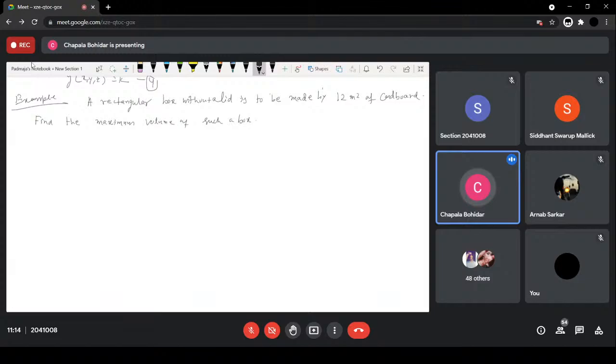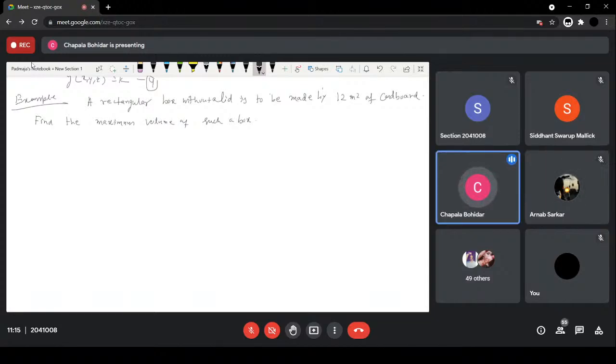So what are the length, breadth, and height of the rectangular box? Length, breadth, and height: x, y, z.